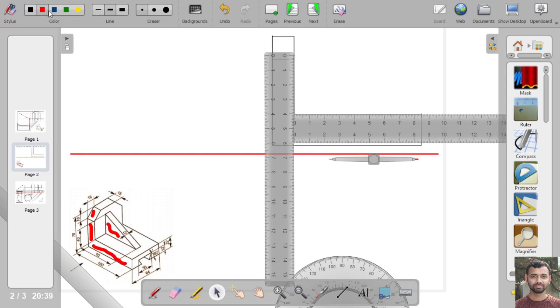So if we mark it up to 70 mm, this point. Okay, up to this point.